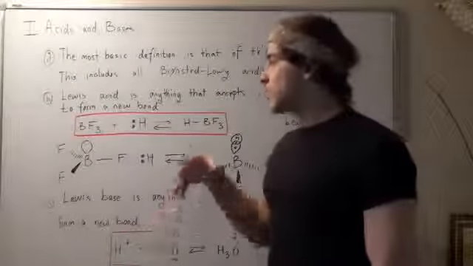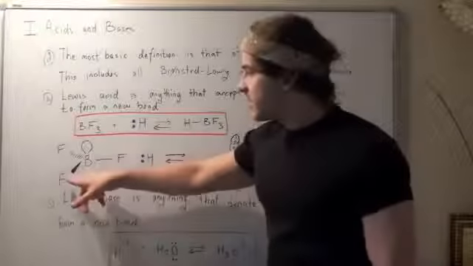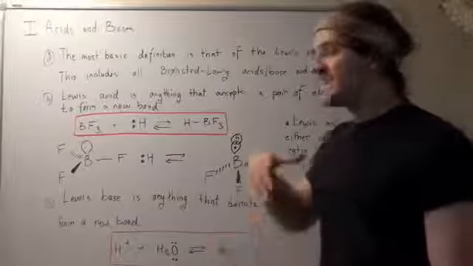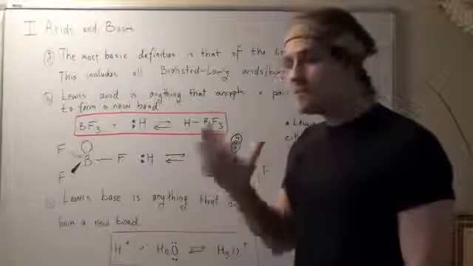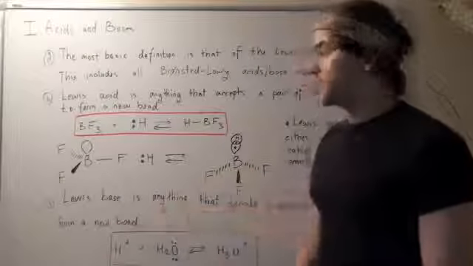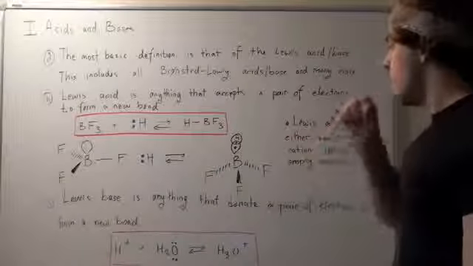So let's look at the structural depiction of BF3. BF3 has 3 F's attached to the boron, and the boron has an empty orbital. And this empty orbital is what interacts with the lone pair of electrons, forming our coordinate covalent bond.